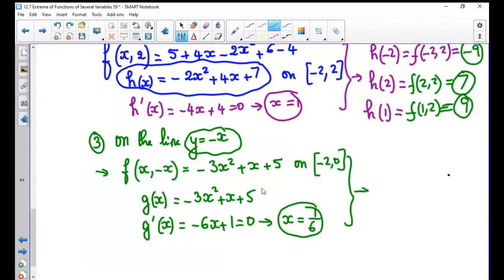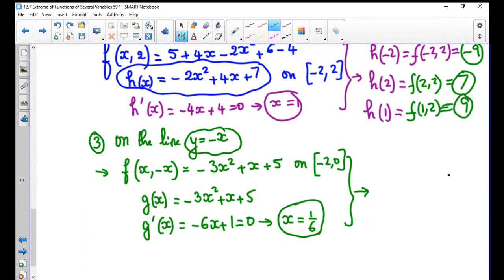So now I have three other values to add where the function f may have an absolute maximum or minimum. So x is 1 over 6. Let me just make it clear here. x is 1 over 6.